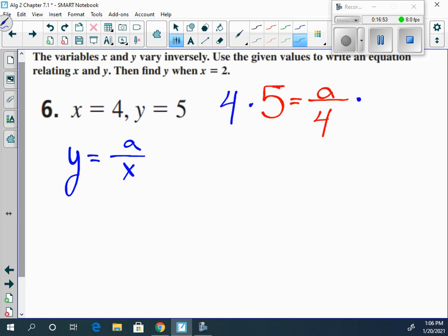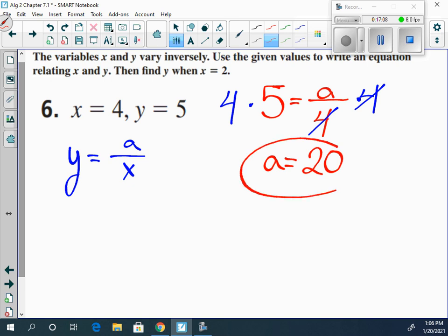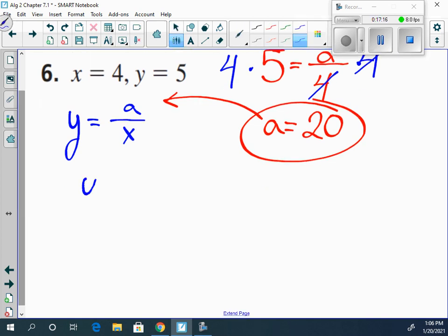multiply both sides by 4, because the 4 and 4 will simplify, leaving us with just a is equal to, well, 4 times 5 is 20. And we can take that value and plug it back in, which tells us y is equal to 20 divided by x.